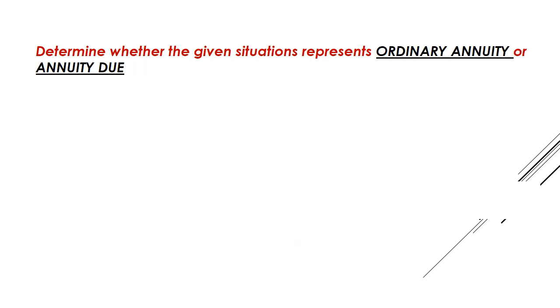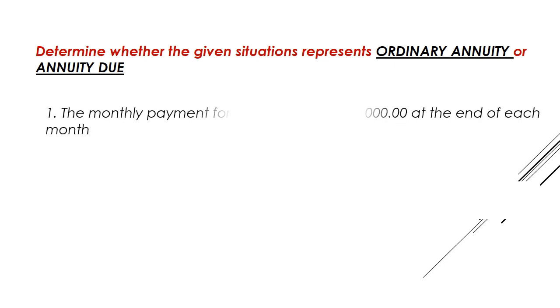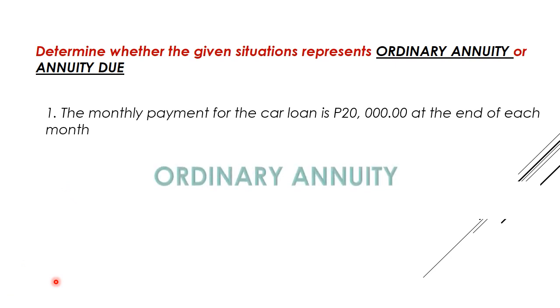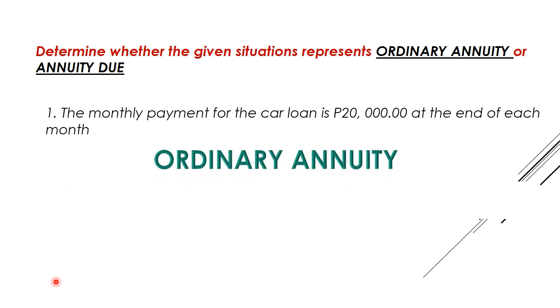Now this time, let's determine whether the given situations represent an ordinary annuity or annuity due. First, the monthly payment for the car loan is 20,000 pesos at the end of each month. Since the payment is made every end of the month, we can say that this is an ordinary annuity.